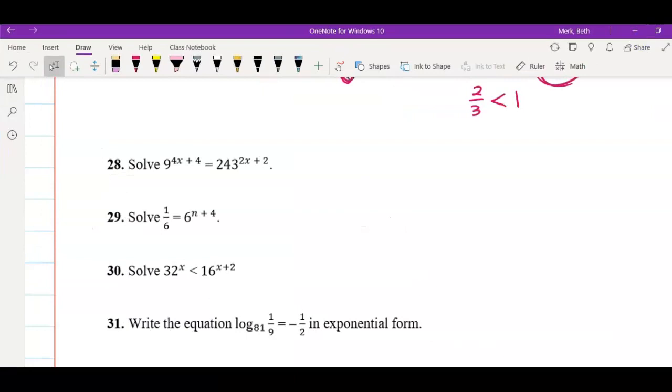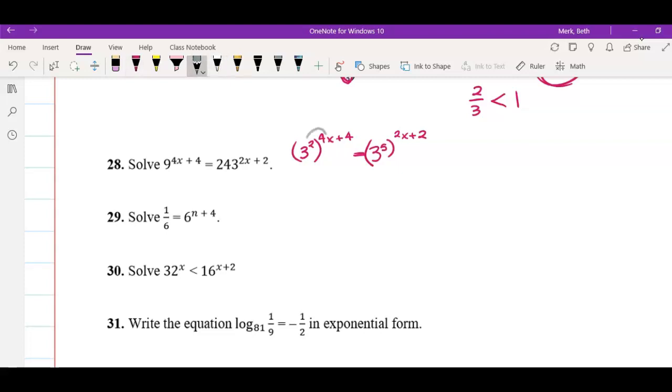Next, we need to solve some exponential functions by finding a common base. 9 can be rewritten as 3 squared to the 4x plus 4. 243 can be rewritten as 3 to the 5th to the 2x plus 2.